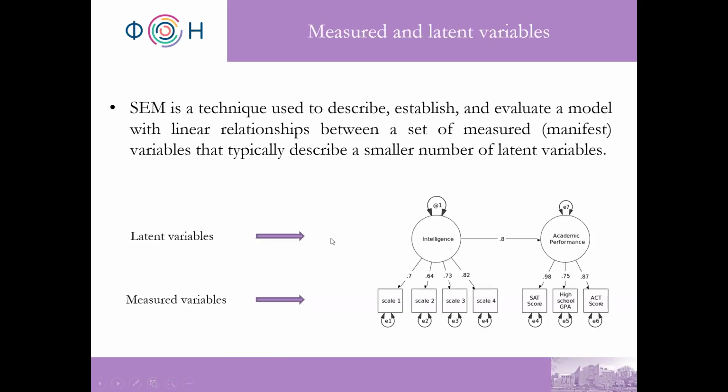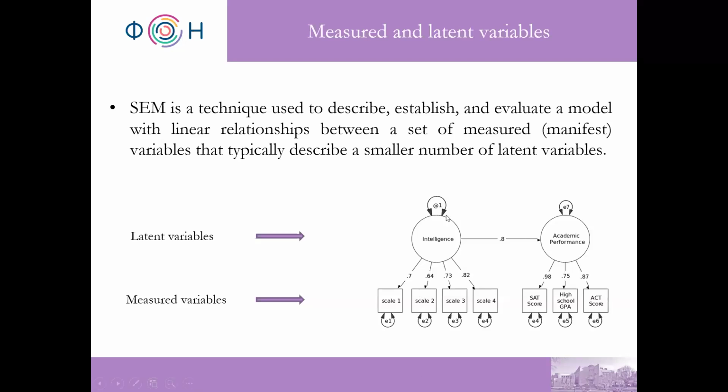At the same time, we have latent variables. As we mentioned, latent variables are newly created variables using factor analysis. Latent variables as such do not exist in our data set. If we would open a data set for this SEM model, we cannot find variables intelligence and academic performance as columns in our data set.